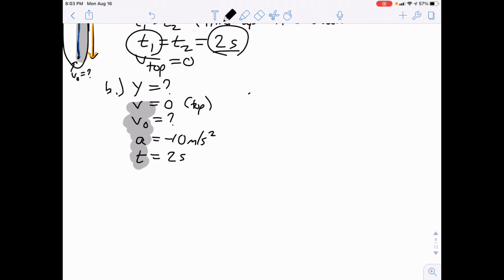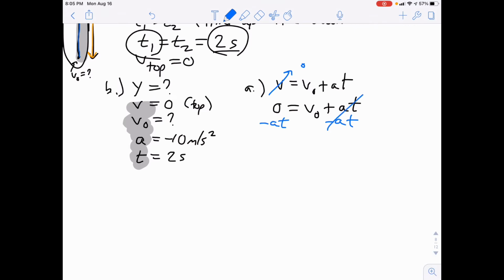Okay, so for part A, we have v equals v naught plus a times t. We know the final velocity at the top is 0. So if we write this, we get 0 is equal to v naught plus a t. Now, in order to look for v naught, let's subtract a times t over to the left. And now v naught is by itself. v naught is equal to negative a times t.